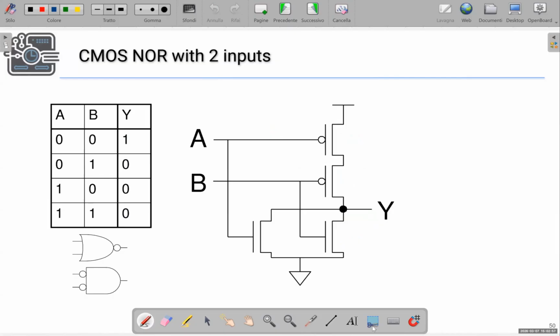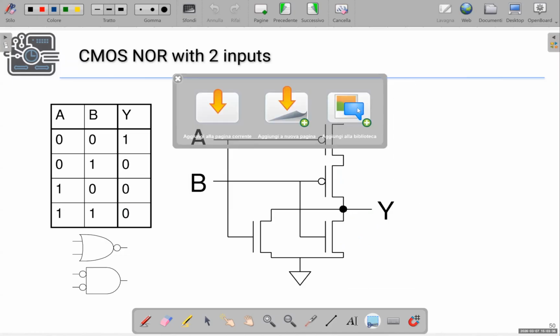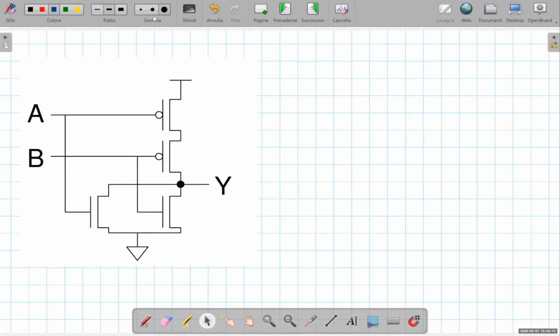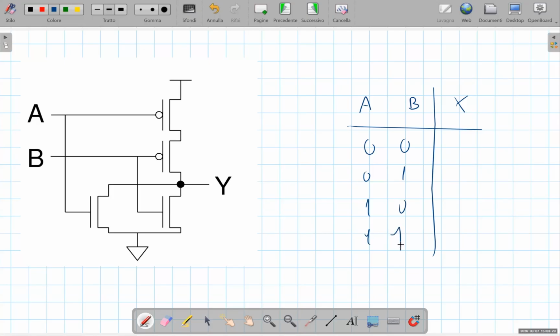Following the same approach, we can describe what happens with this gate. We can sketch a truth table also in this case, A, B, Y. Consider possible cases 0,0, 0,1, 1,0, and 1,1.